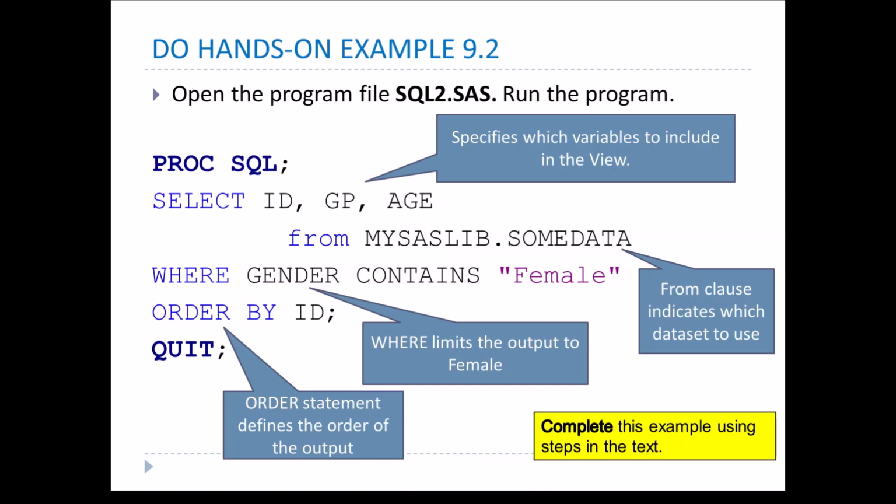And now I'm throwing in a couple of other things here: where gender contains female. And I think, again, you can understand what that's doing there. And then we also still have order by ID. So in this case, we're saying get these variables from SumData, only include the ones that contain the word female in gender, and display the results ordered by ID.